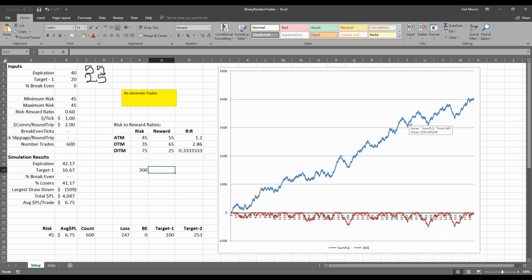Out of the 300, 178 were profitable. What would your percentage be? It would be 178 divided by 300, which is the total number of trades. So in that case, your profitable percentage would be 59.33%.